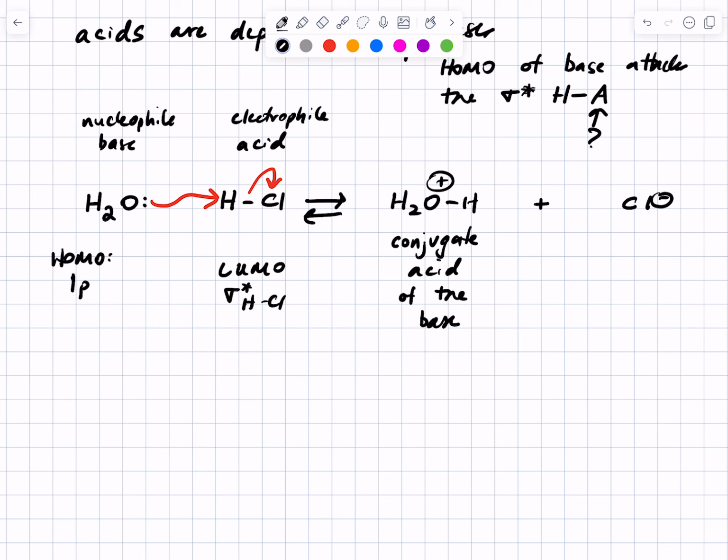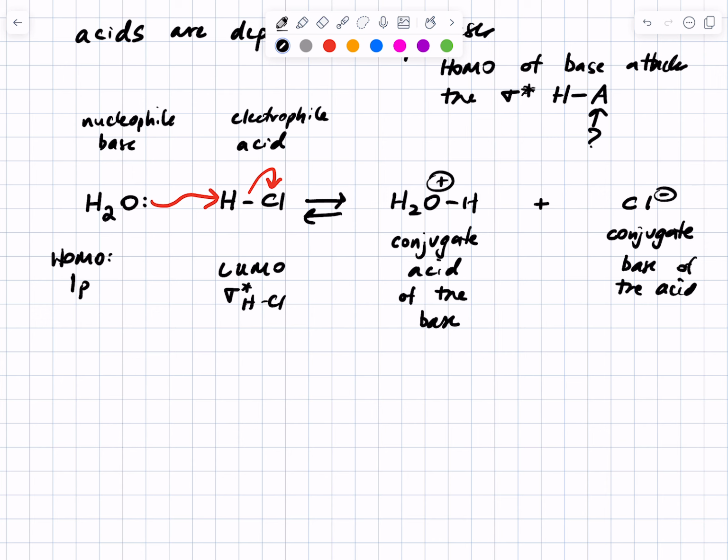The conjugate acid is what the base becomes after it steals the proton. Okay? And at the same time, as we look on the left side of the equation, our acid was HCl. HCl gets deprotonated and becomes Cl minus. Cl minus is the conjugate base of the acid.